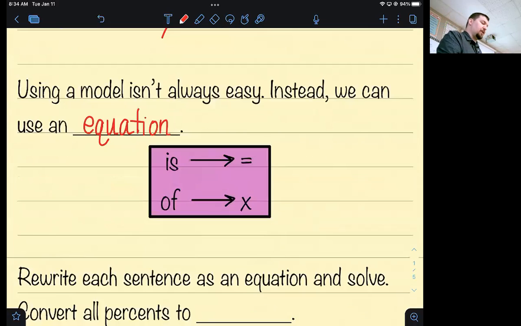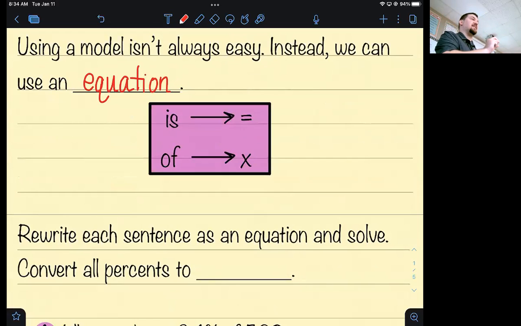Now, to turn our percent sentences into an equation, we have to replace the word is with equals. That one makes sense. If I said the answer is 75 or x equals 75, that's the same thing.